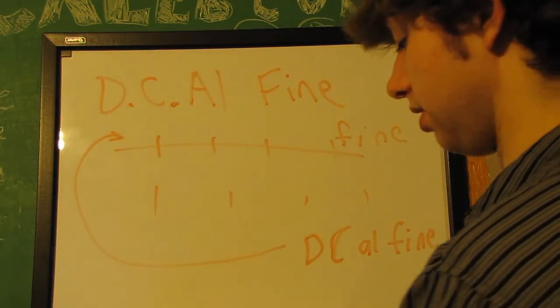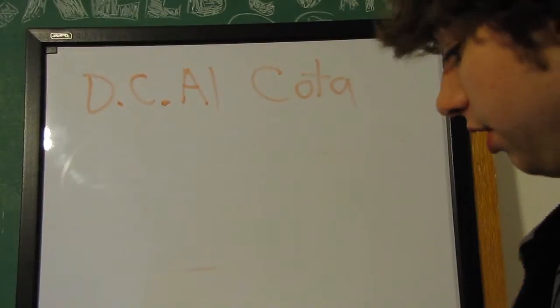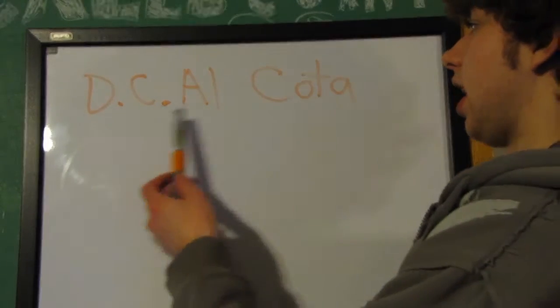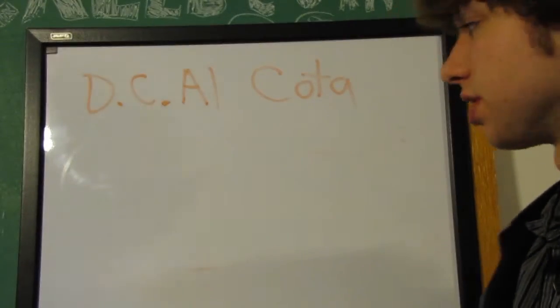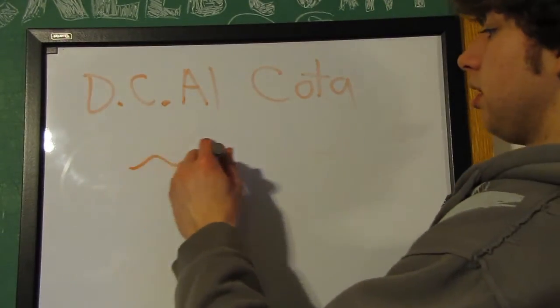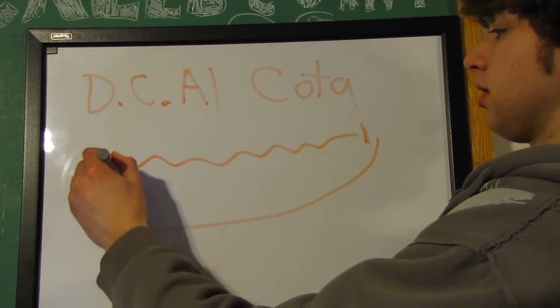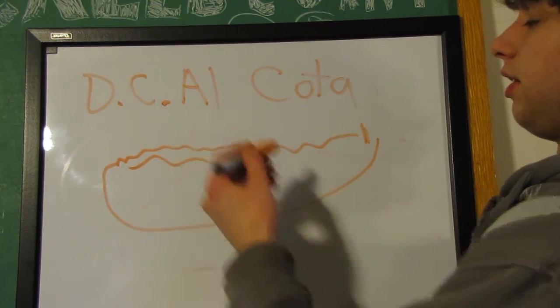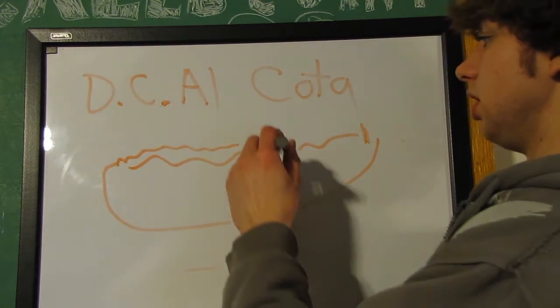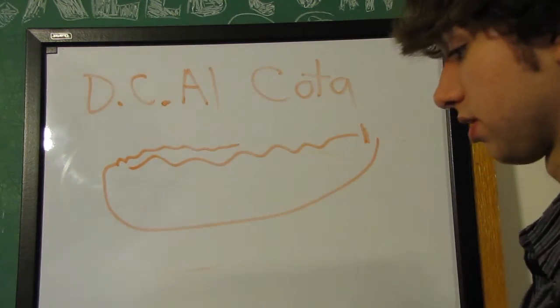And the next one is DC al coda. Another one we need to know about is DC al coda. The way this works is, you're reading your music, you reach the end, go back to the beginning, play it again, and then somewhere along the music you'll see what is called a coda sign.